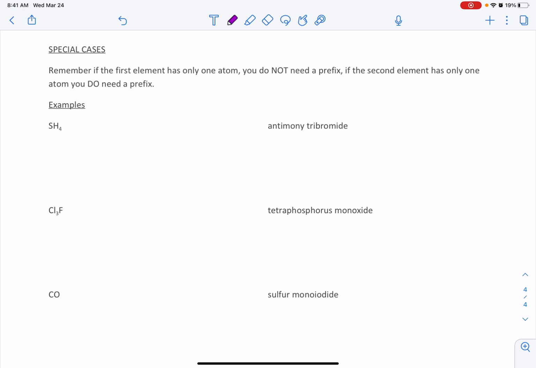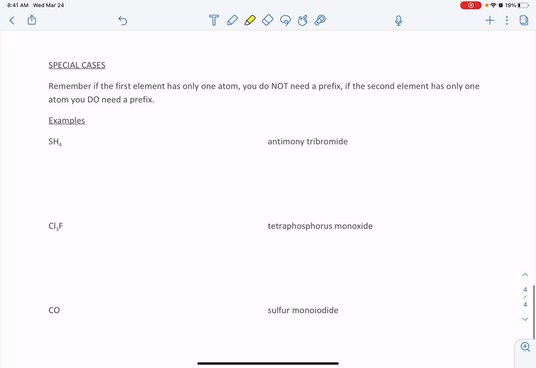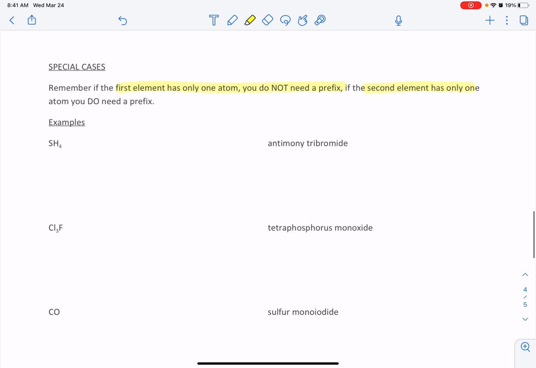So remember, our special case here is that if the first element has 1 atom, you don't need a prefix. If the second element has 1 atom, you do need a prefix. So we want to look at this special case with examples with elements that have only 1, okay? To figure out, do we need the prefix? Do we not need a prefix? Okay, so if it's the first element, no prefix. If it's the second one, you should have a prefix.